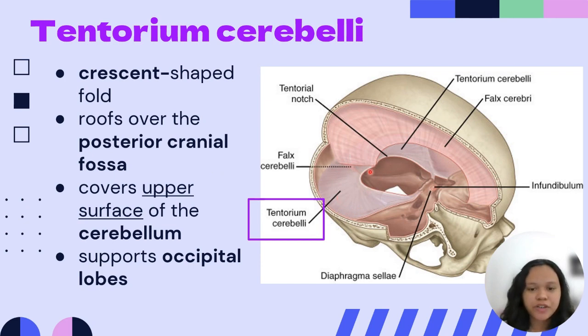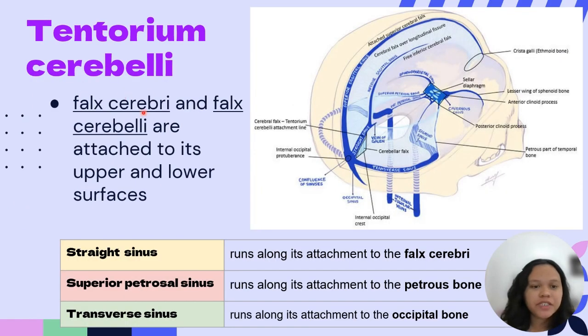So this is your posterior cranial fossa here. It covers the upper surface of the cerebellum, because below this membrane is already the cerebellum. And it supports the occipital lobes because it's also situated in the occipital area. As mentioned, the falx cerebri and the falx cerebelli are attached to the upper and lower surfaces of your tentorium cerebelli.